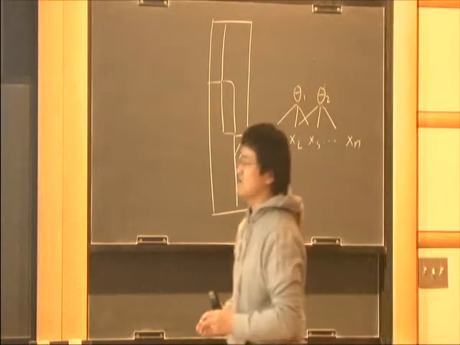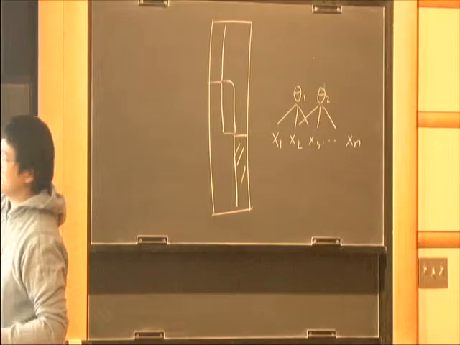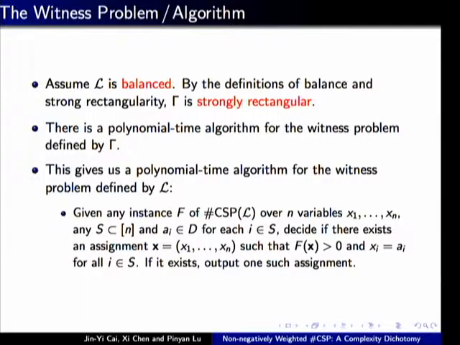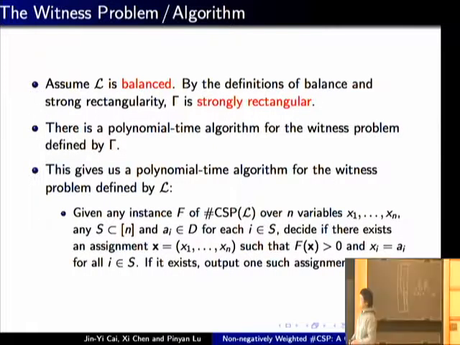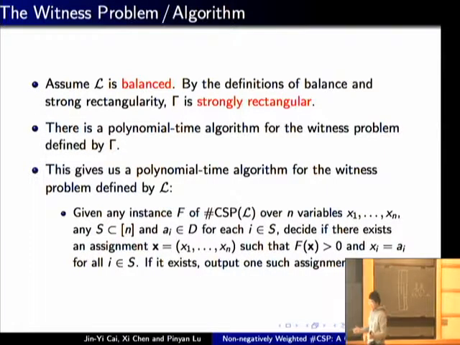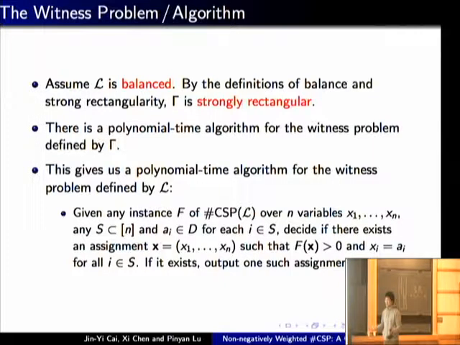And this gives us an algorithm for the witness problem defined by L. Okay. So from now on, if we are given an input instance, we can fix any subset of variables, and we can ask, is there a way to complete the rest of the variables so that f evaluates to be positive? Okay.